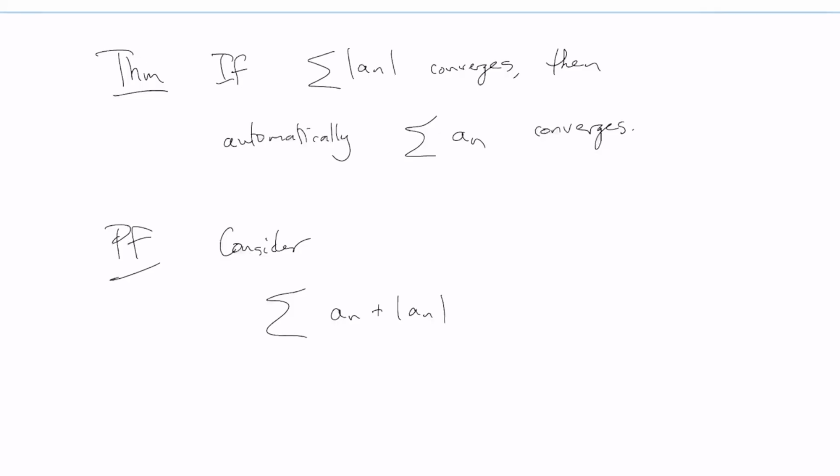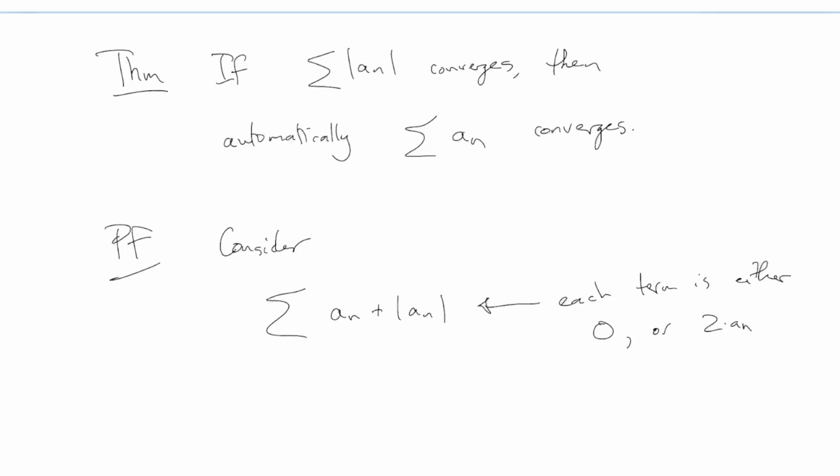So each term here is either 0 or 2 times an. This is what I just said. If that number an is negative, then when you add its absolute value, they add up to 0. But if it was positive, then when you add its absolute value, they're the same number, and so you get 2 times an.